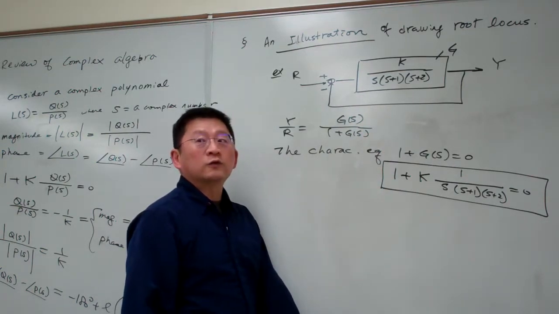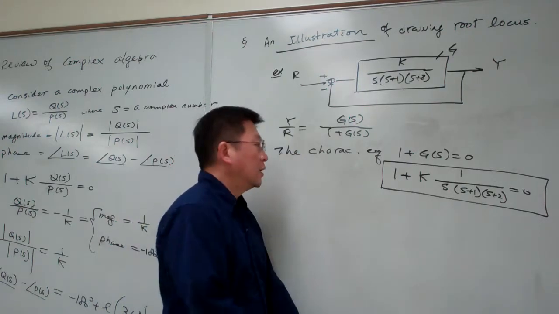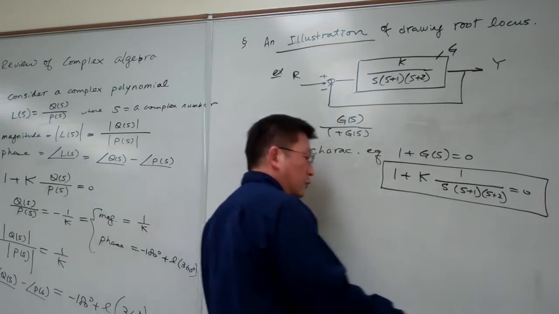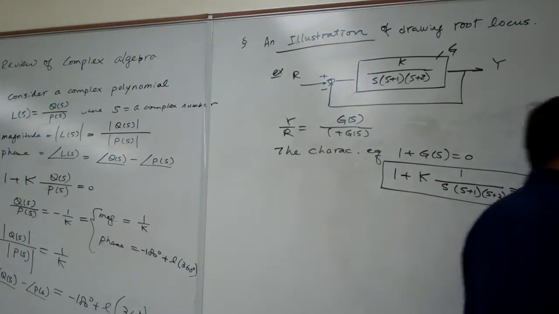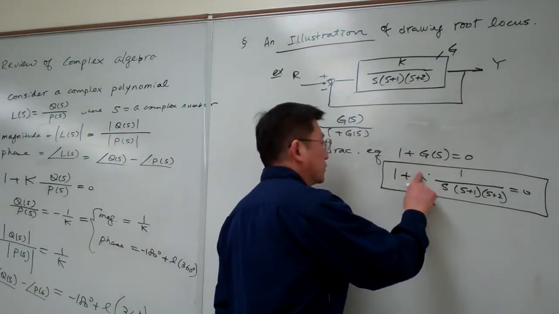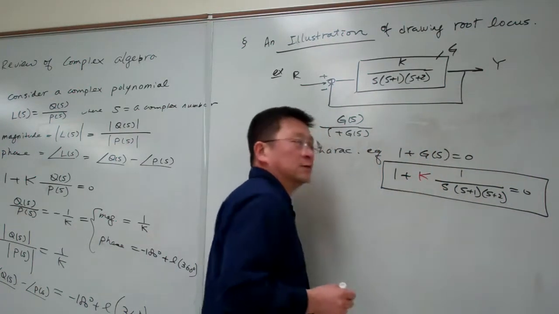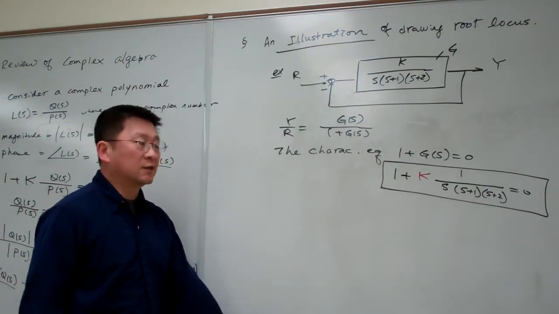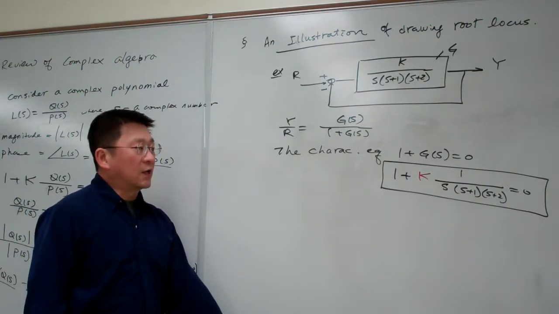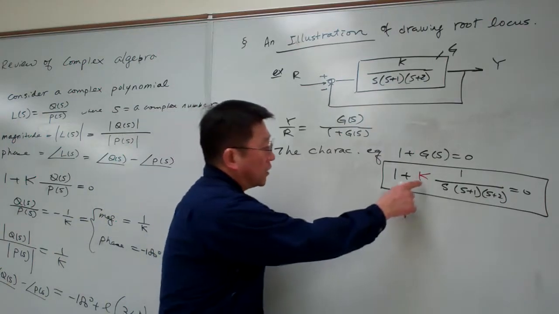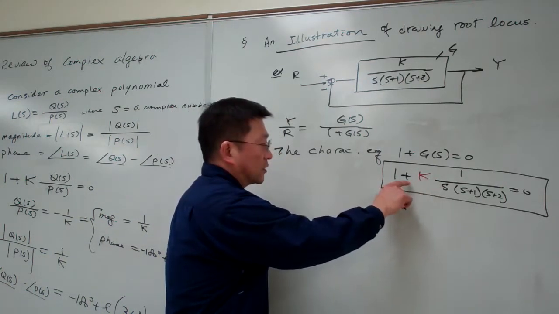And how come we're going to have a collection of the points? Because here K is a parameter, so K is changing, depending on the needs of the design. Because K is parametric, that makes things happen.